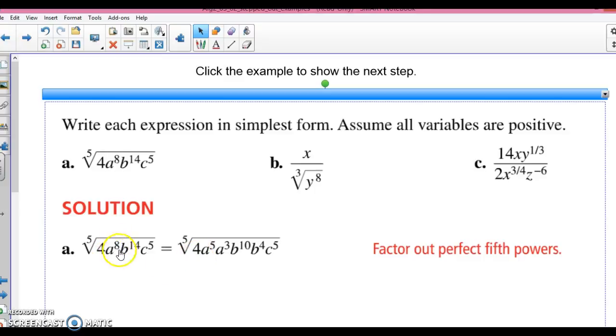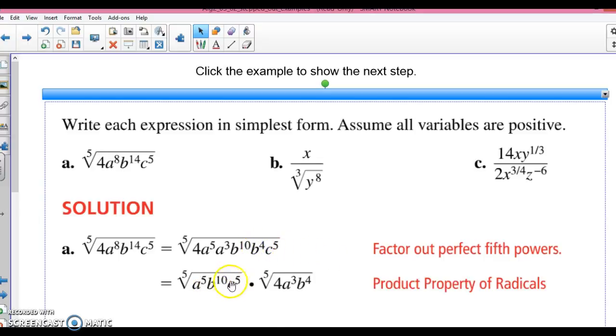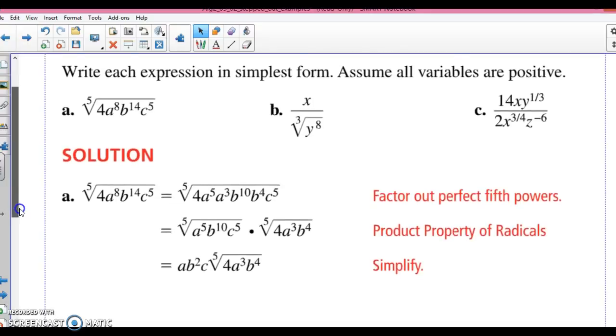I know that a to the 8th can also be written as a to the 5th times a cubed, and I can simplify everything a little bit further. So I first factor out those perfect fifths, and then I separate them out a little bit further. Using my properties of radicals, I can pull out everything that can be factored out, so then I can simplify and have my final answer.